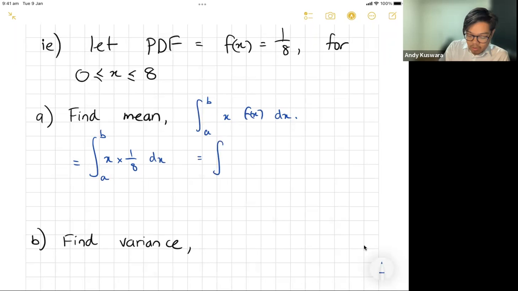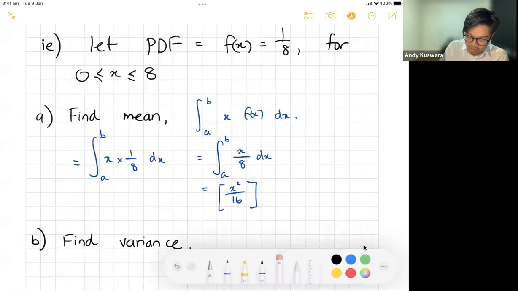In other words, we're just integrating x on 8 dx. Hopefully that's making sense. To integrate, raise it to the power, so we get x squared on 16, integrated between 0 and 8.